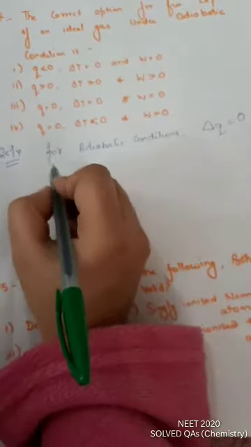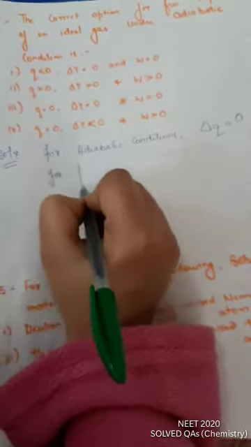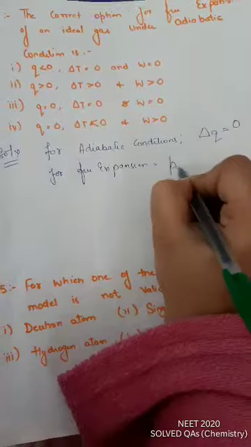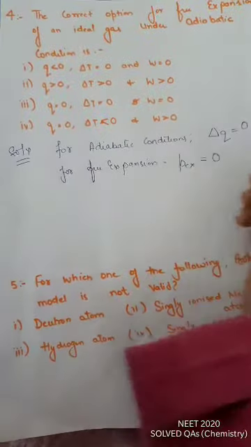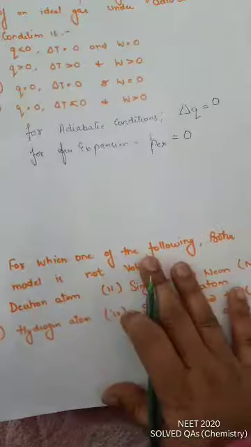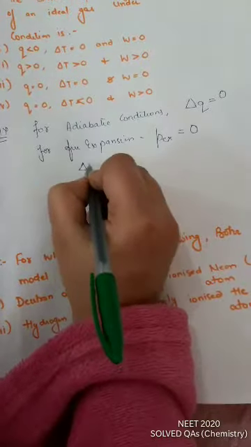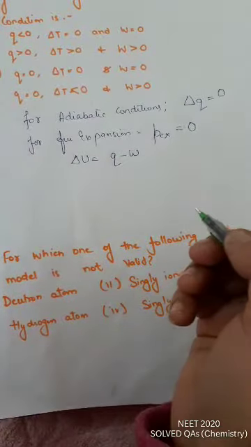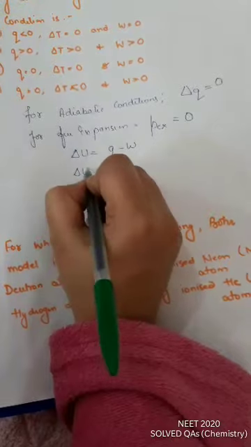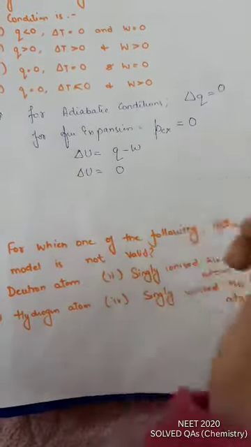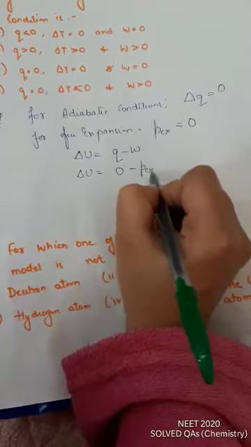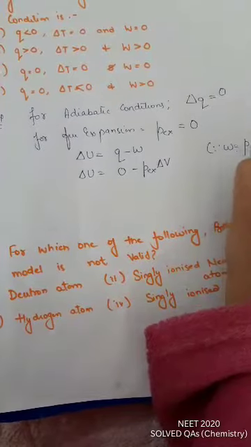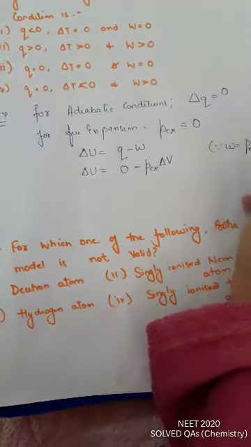And for free expansion, P external is always equal to 0. Following the first law of thermodynamics, del U is equal to Q minus W, so del U equals 0 minus P external del V, because work is equal to P external del V.